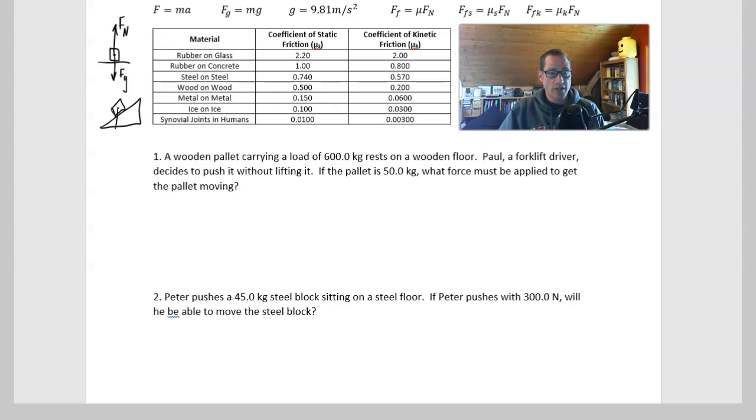The force of gravity still goes straight down into the earth, but the normal force would be on an angle like this. So on a ramp, the normal force and the force of gravity would not be equal and opposite. It gets a little more complicated as soon as you go on a ramp.